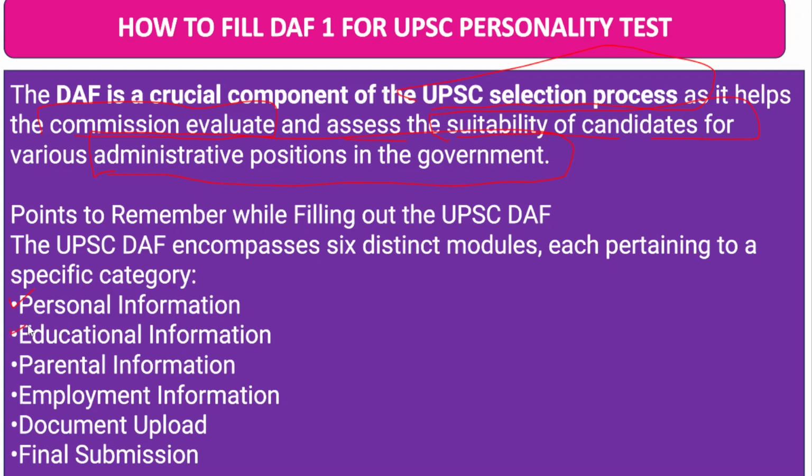Now after that, the educational information is also very important. Why do I say educational information? You may be the topper of the institution, or the topper of the university, or you may have a very low score. Or you may be coming from an exceptional institute, so it creates some sort of curiosity in the minds of the board members.